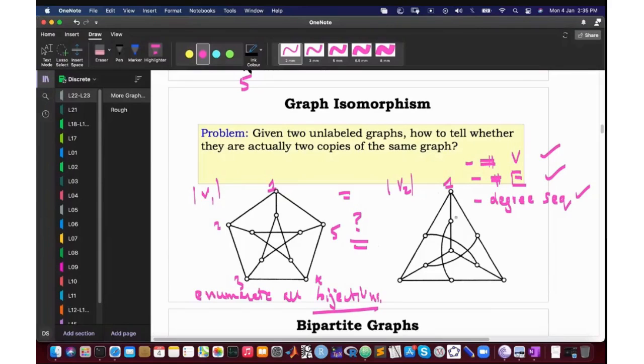So let me call this guy 1, this guy 2, this guy 3, this guy 4, and I think this guy is 5. If we draw it this way, you'll see that this is actually the same graph.